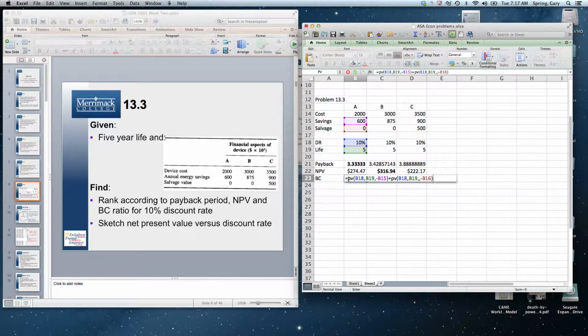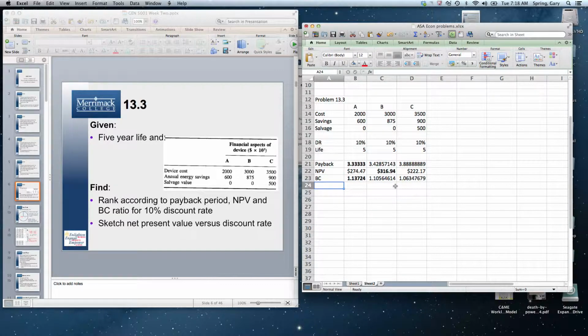And then I'm going to divide that by the cost. And so the highest benefit cost is here. Not surprising, as this decreases, which is the best one, this increases, which is the best one. So these are kind of reciprocal functions.